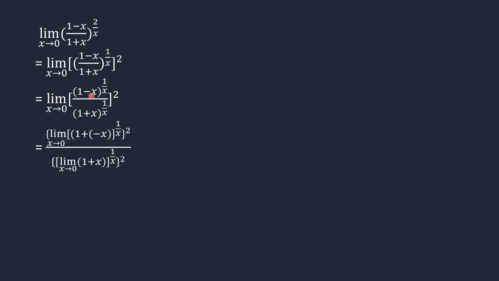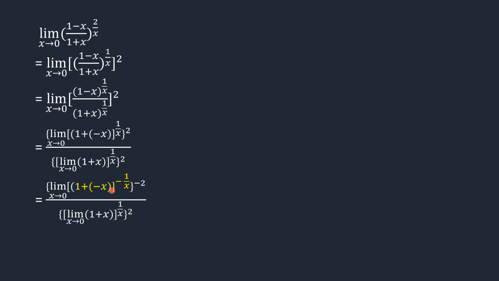See here, 1 minus x is written as 1 plus minus x. In the next step, we will raise this square bracket to the power minus 1 over x. See here, we have raised this square bracket to the power minus 1 over x, which is the reciprocal of minus x.